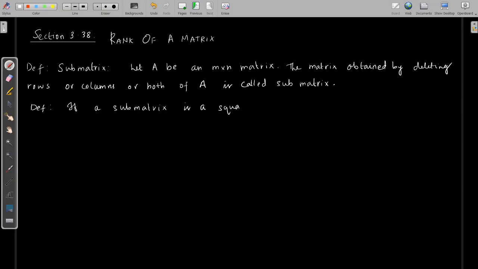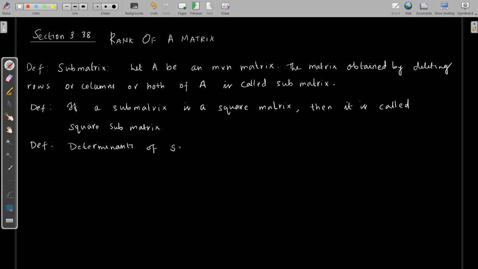If a submatrix is a square matrix, then it is called a square submatrix. So if we get a square submatrix, we can define the determinant of that matrix. So determinants of square submatrices are called the minors of the matrix A.